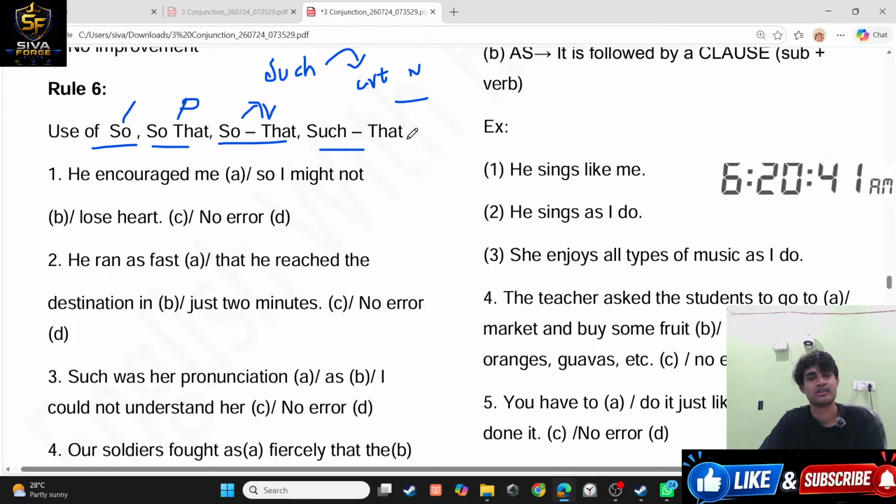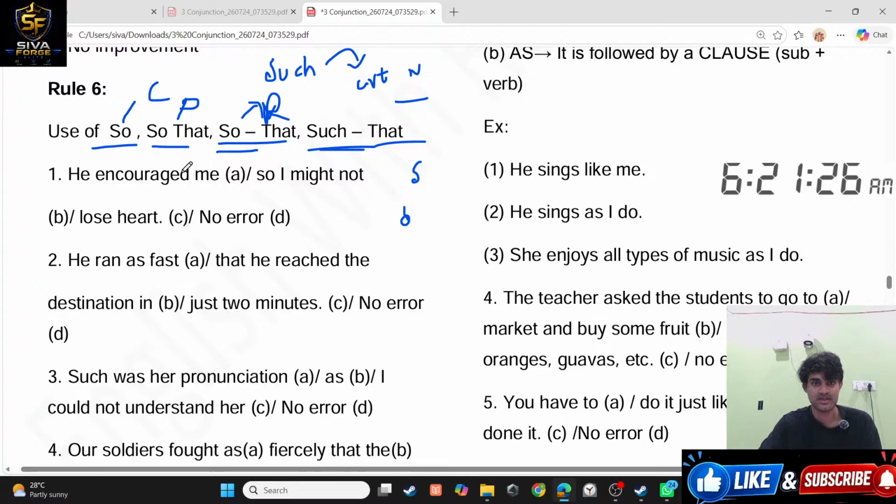Such as, when we use such as and when we use such that. Such as is for example, such that is also a result. So that is also a result. Such that is also a result. So that tells the result, such that also tells the result, so that tells the purpose, so tells the conclusion.